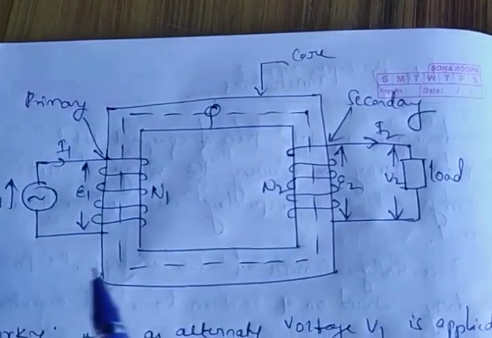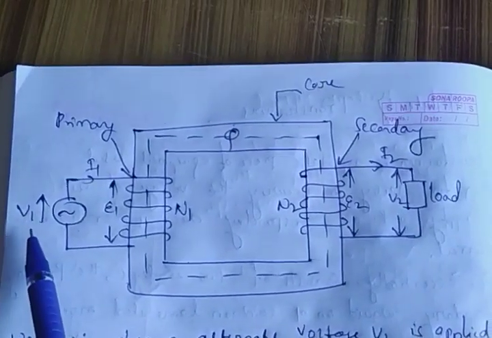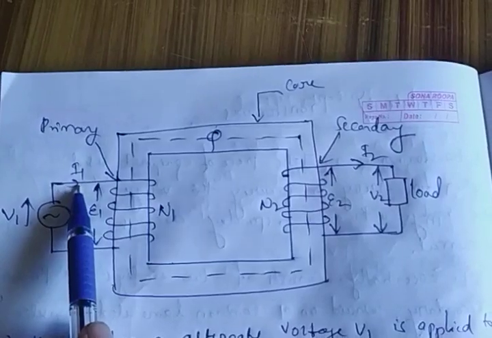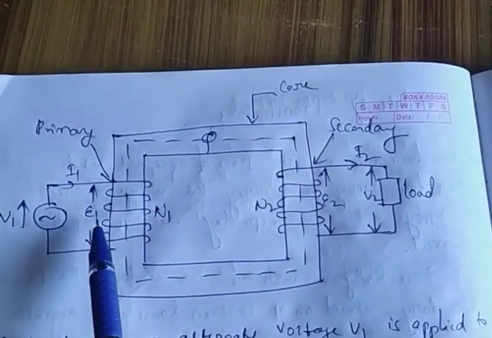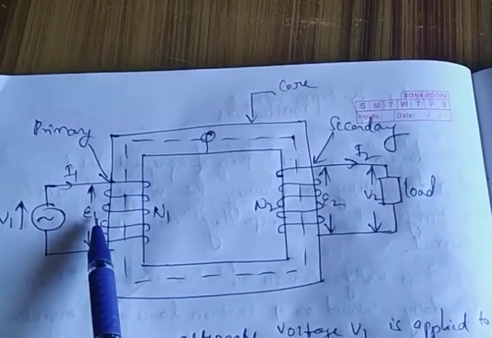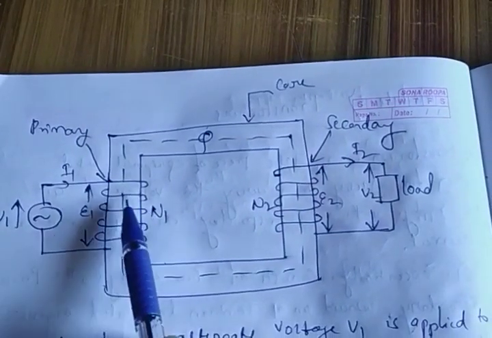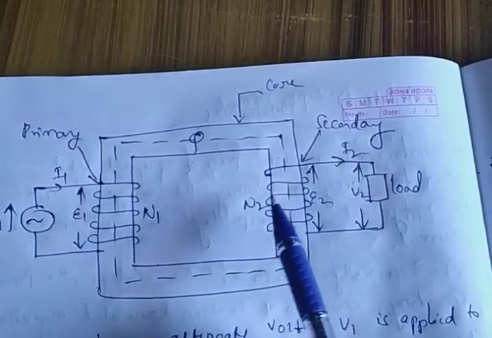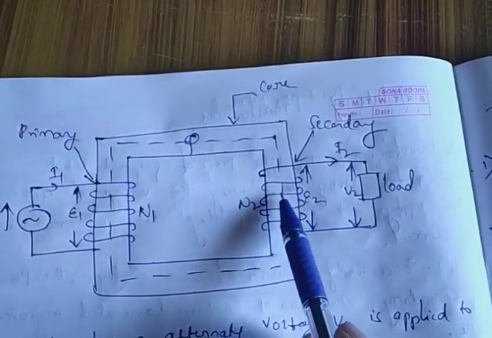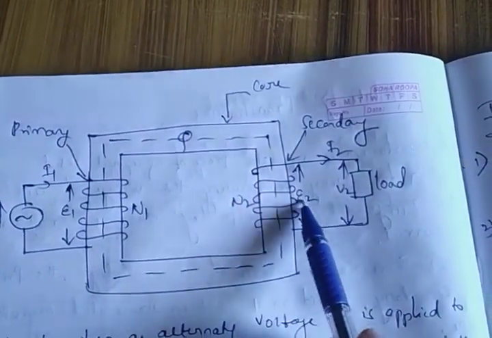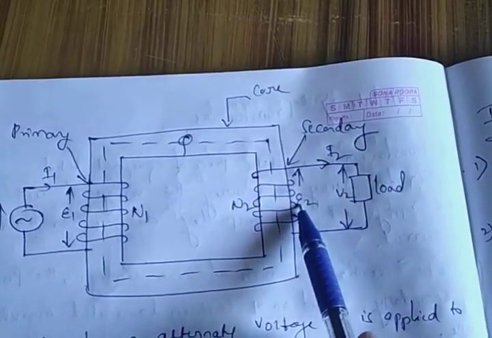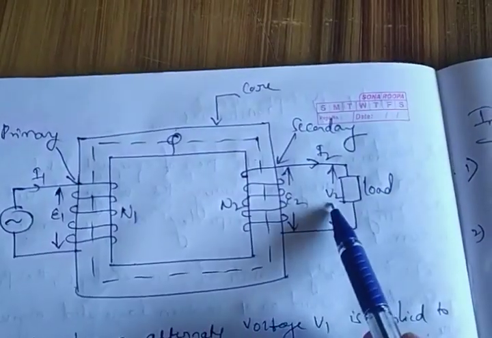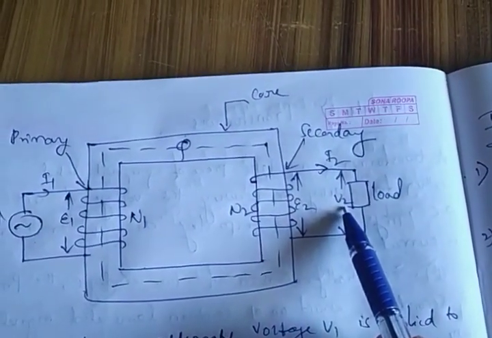So here I will explain. V1 indicates the applied voltage. I1 is the primary current flowing into the transformer. E1 is the primary induced EMF, and N1 indicates the number of primary turns. Similarly, N2 indicates the number of secondary turns, and E2, I2 and V2 indicate the secondary induced EMF, secondary current, and secondary voltage.